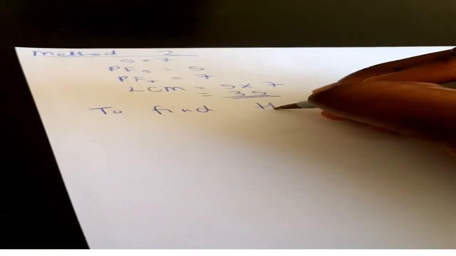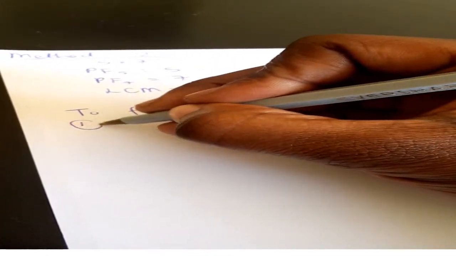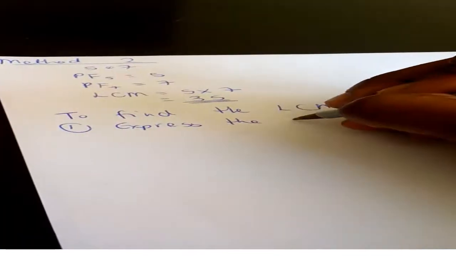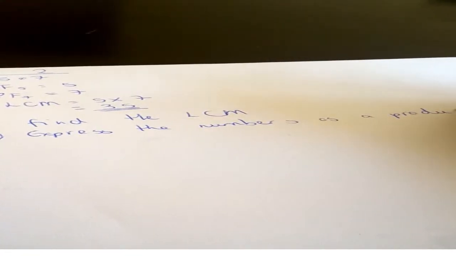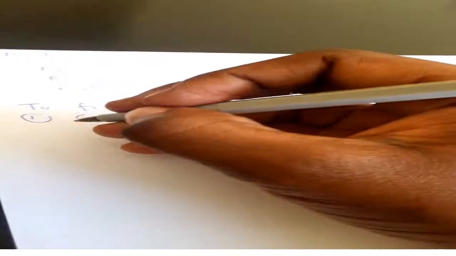According to method number 2, to find the LCM, what do we do? We have 2 steps. Step number 1, you express the numbers as a product of prime factors. We said prime factors are numbers with only 2 factors, 1 and itself.